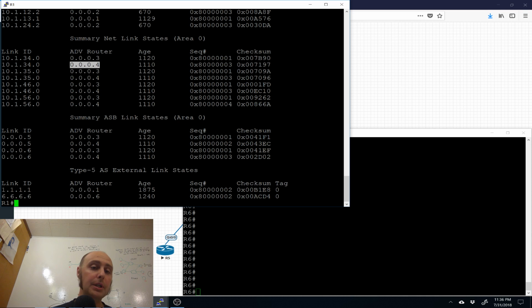Because they can both reach it. But we're only going to choose the one path, which is the shortest path. Shortest path first.